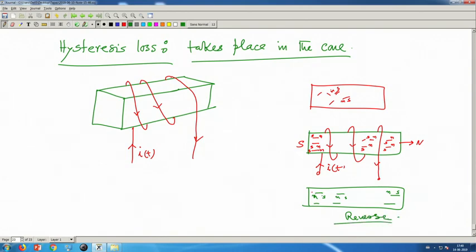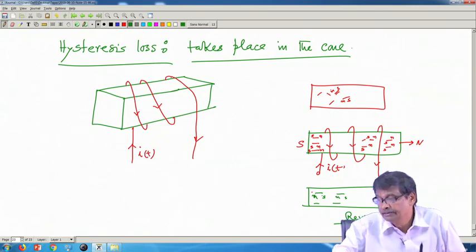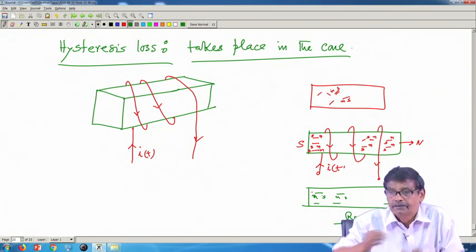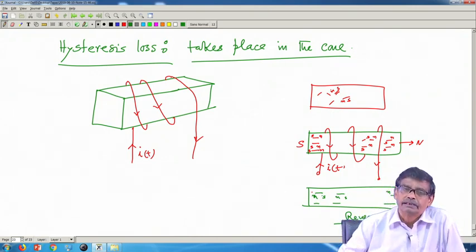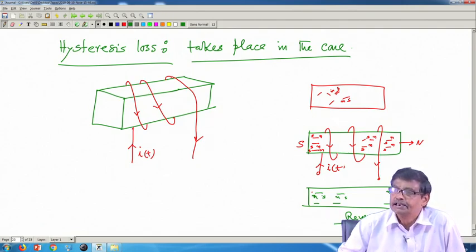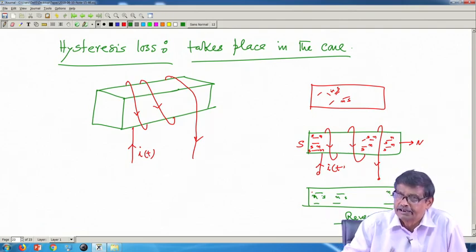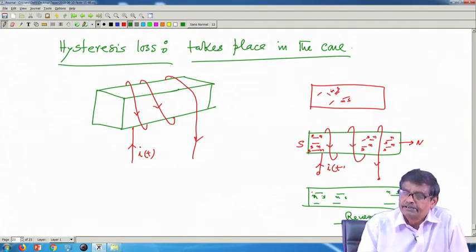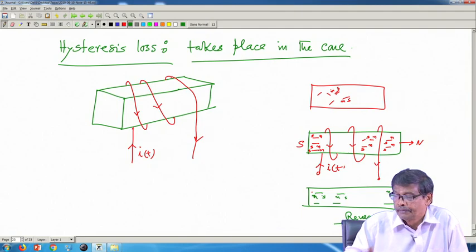Therefore, if it is a 50 hertz frequency current changing, then you are asking each molecule to move this way, then that way, always they will be moving. Therefore, they will encounter friction in the process and there will be a heating effect, not because of eddy current, that is a separate thing, but simply because you are reversing the currents this way and that way.